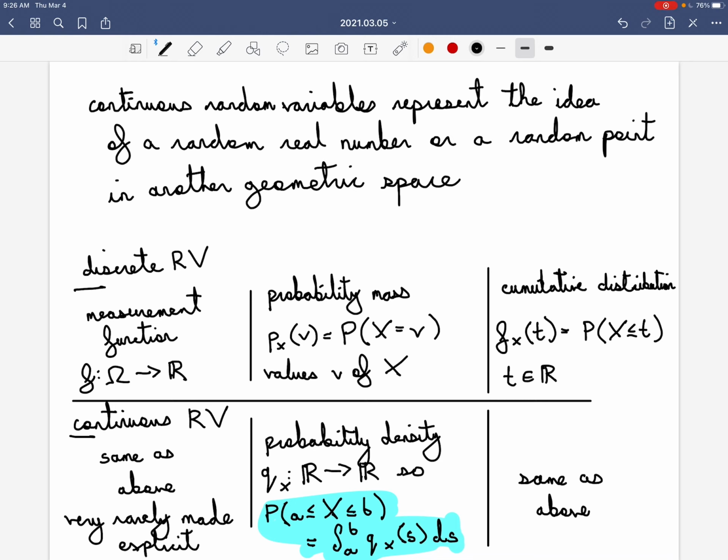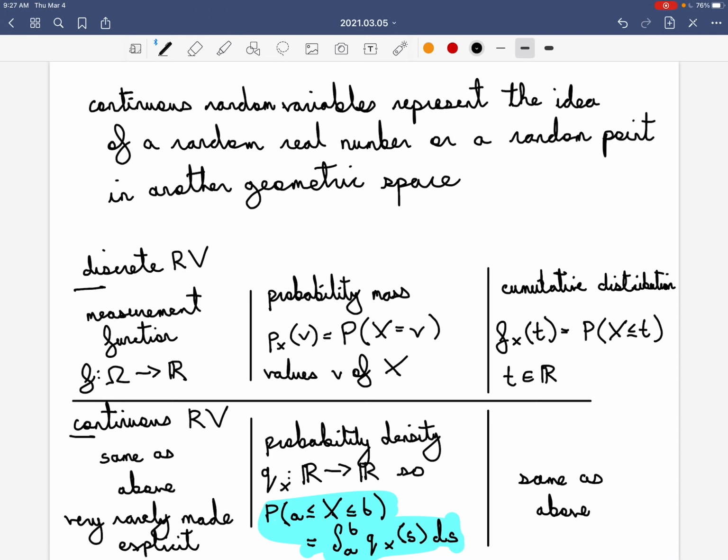I have to warn you that traditionally when students take introductory probability courses, this exact point in the learning process, where continuous random variables are first introduced, represents the biggest jump in difficulty.